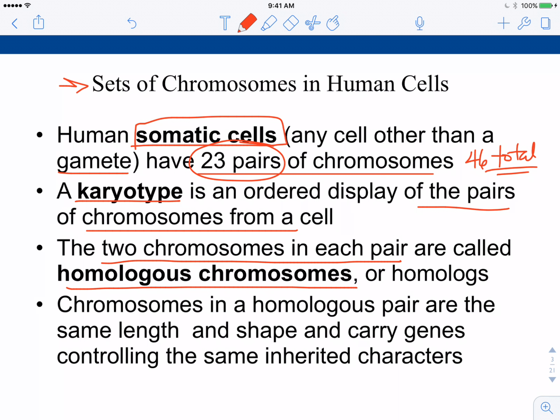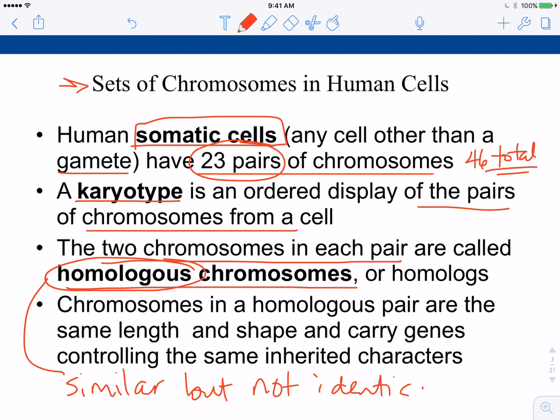And homologous, this word here is very important, means similar but not identical. So the two chromosomes in a homologous pair are the same length, the same shape. They carry the same genes that control the same inherited characters.